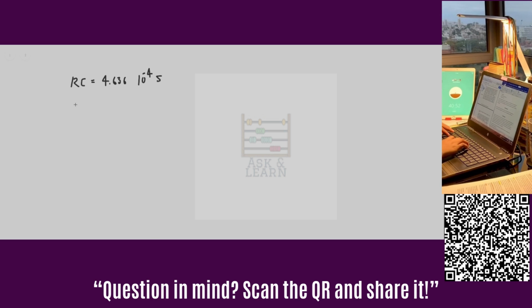And also note that the current I in the circuit actually goes down, which is given by V over R times e power minus t over RC.